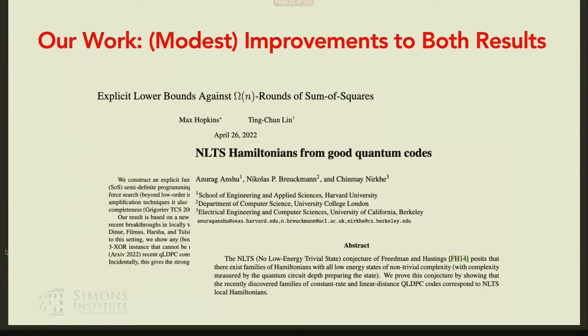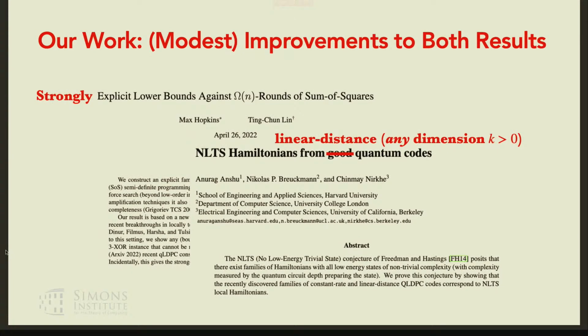So what I'll be talking about today is a couple of maybe modest improvements to both of these results. So on the NLTS side, we showed that the asymptotically good condition is stronger than we need to get NLTS Hamiltonians. It's actually sufficient just to have the codes be linear distance, but they can have any positive dimension. So they just need to really encode a single logical qubit.